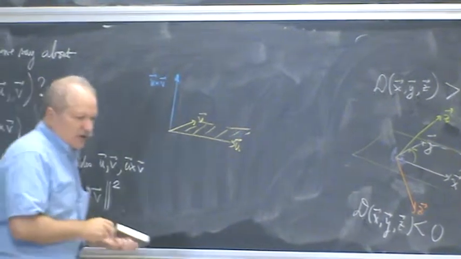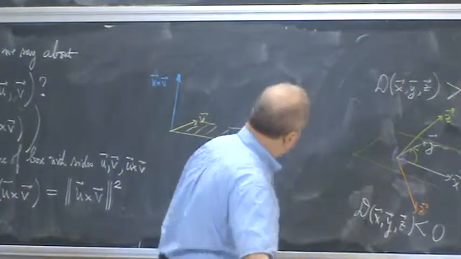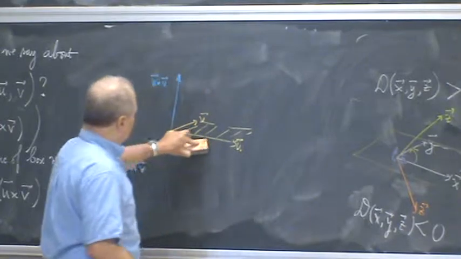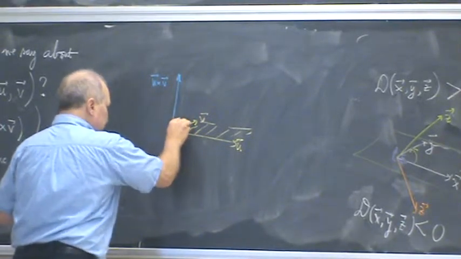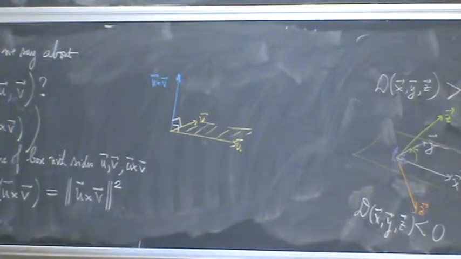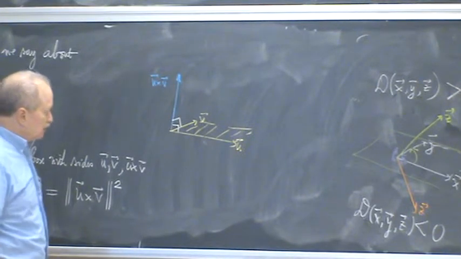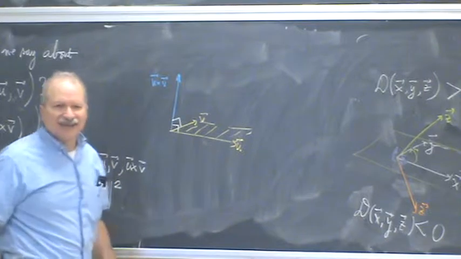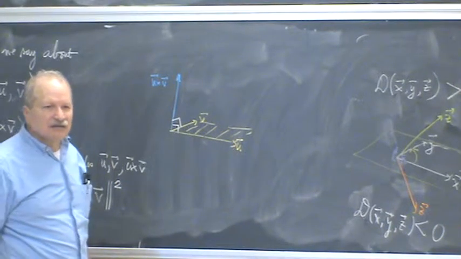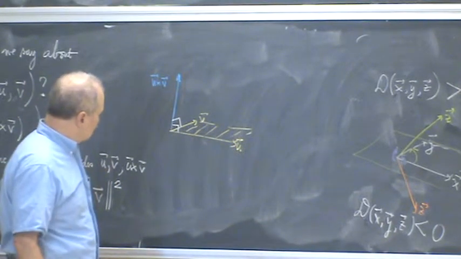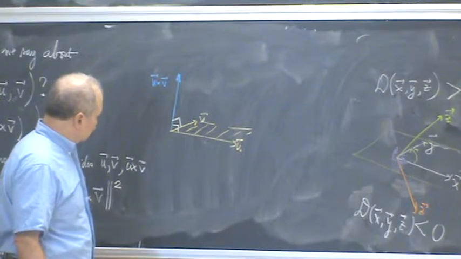So what kind of signed volume are you going to end up with if you take a parallelogram and then a vector that's perpendicular to the parallelogram? How do you do the volume of such a thing? It's the magnitude of u cross v, sorry, times the area of the parallelogram.